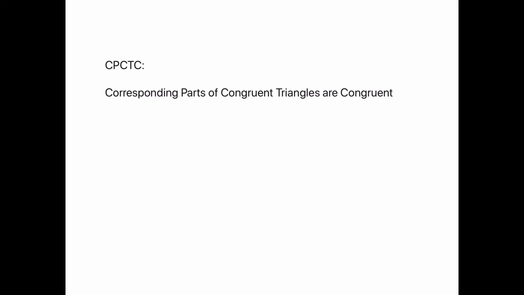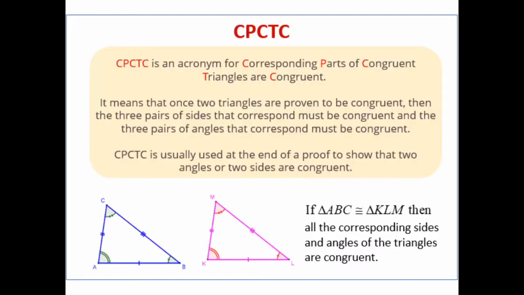And that's actually the only vocabulary word we have for today, and what it means is that corresponding parts of congruent triangles are congruent. C, P, C, T, C. So what that really means is that once two triangles are proven to be congruent, then the three pairs of sides that correspond are all congruent, and the three pairs of angles that correspond are also congruent.